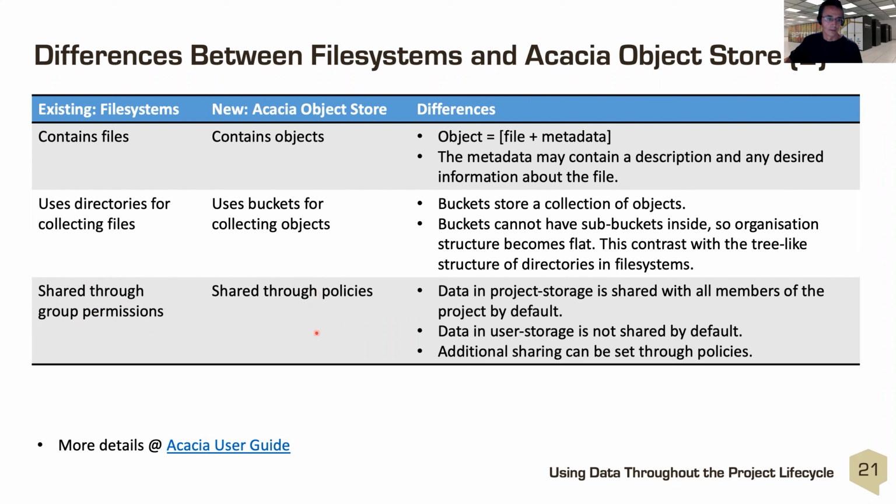In the case of the object storage, there are no longer those permissions, and the way to share them is through policies. We are not going to go into detail about this in this module, but you can check the Acacia user guide on how to share your data from your individual user storage to other users, or from your project storage to users in other projects.